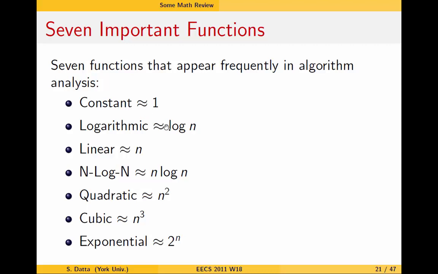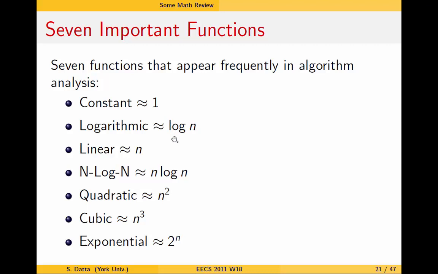We'll define what this approximation is, but roughly speaking, we talk about constant runtimes. Constant means a number, 2, 3, 4, constant relative to the input size. An algorithm runs in constant time if the running time does not change appreciably if you increase the size of the inputs more and more and more.